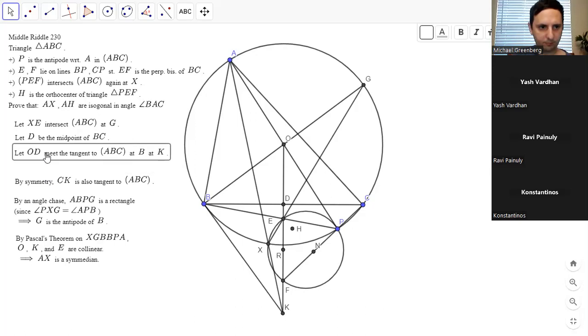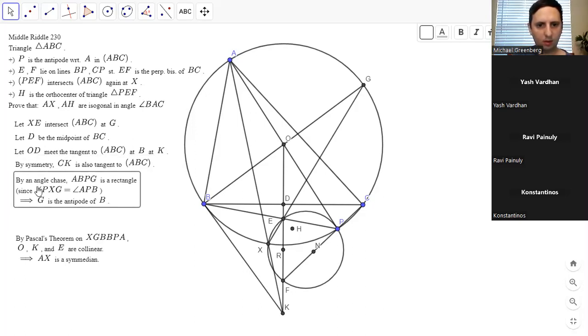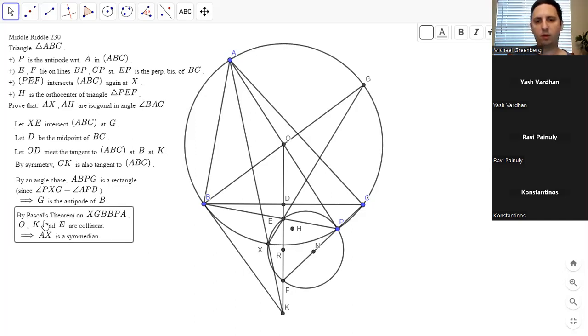Both the figures are a 90-degree rotation and a dilation of each other, so the corresponding segments are perpendicular to each other. You define point R, right?